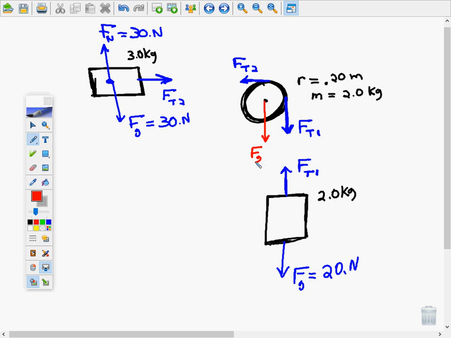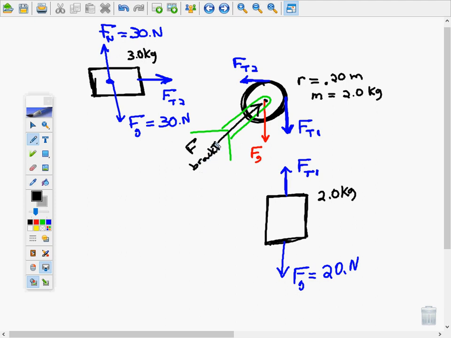And there would have to be some kind of bracket on the table holding it there. And that bracket is actually going to be putting a force on it. So there would also be this complicated bracket force, the force due to the bracket that's holding the pulley.